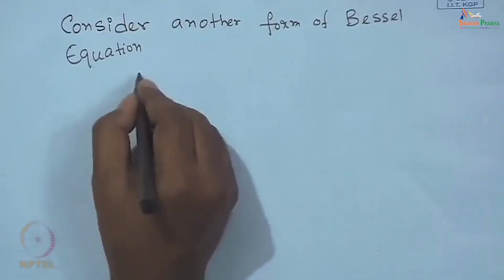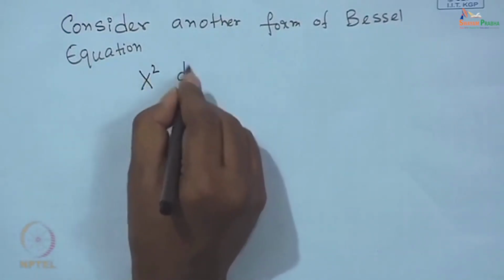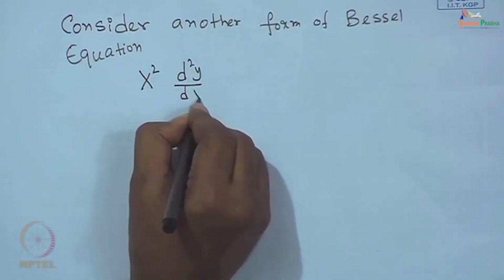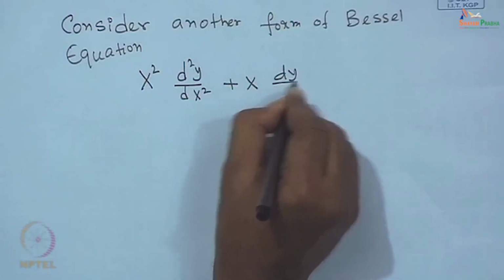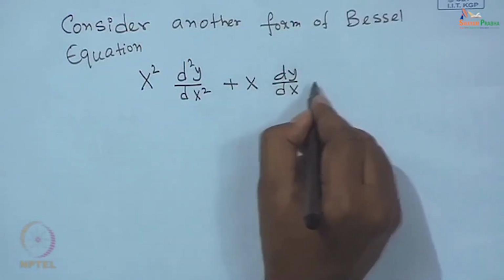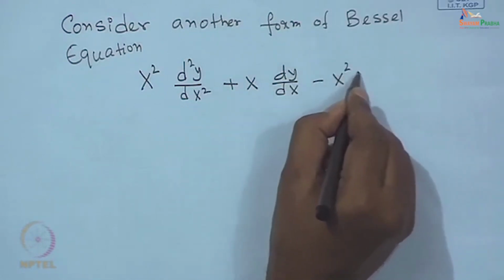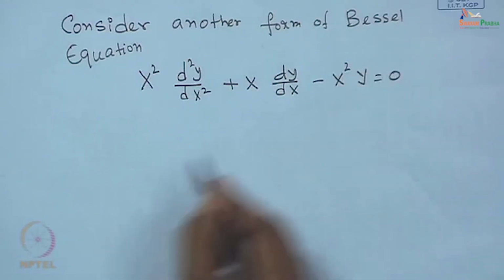The equation becomes x square d square y dx square plus x dy dx minus x square y is equal to 0.